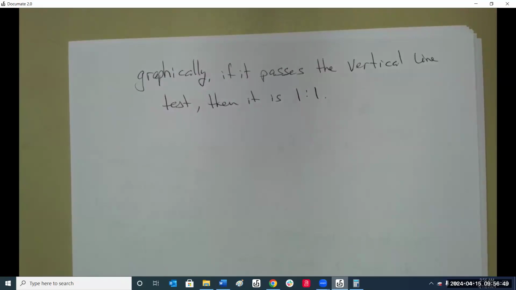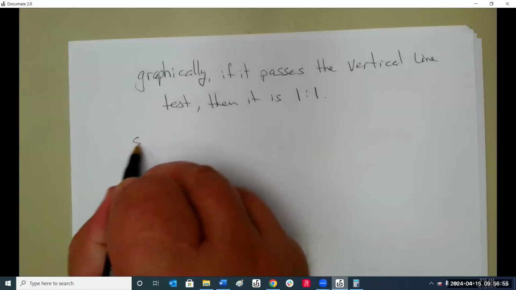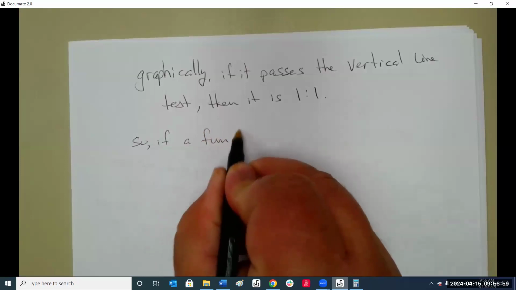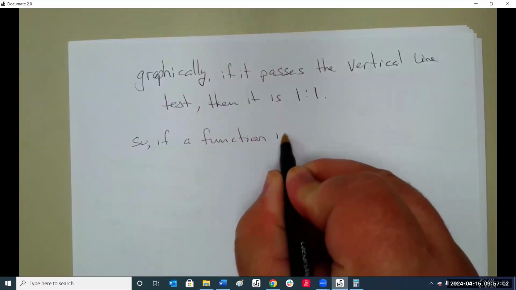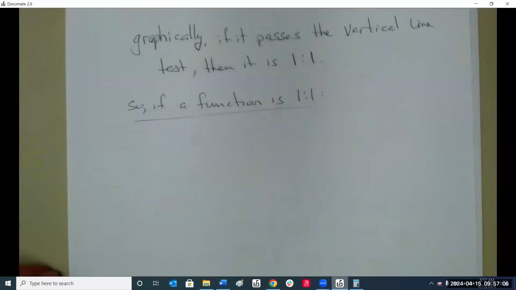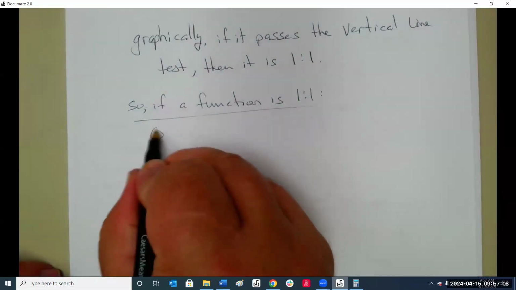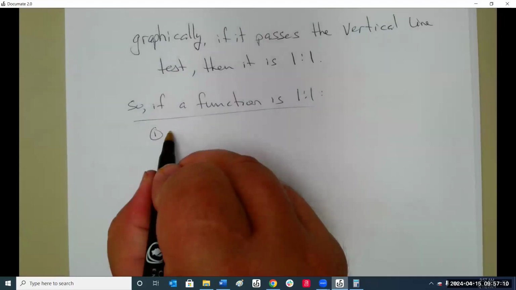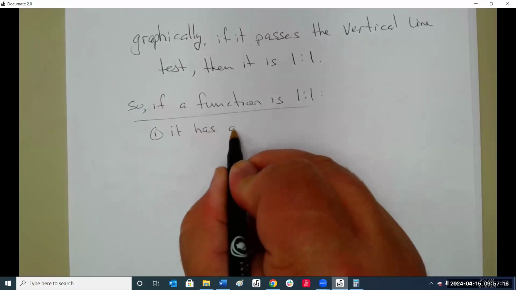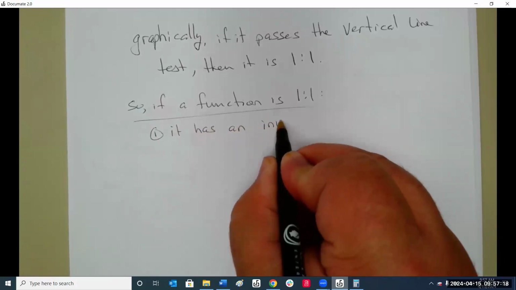So what does this mean? If a function is 1-to-1, what does that mean? If a function is 1-to-1, the first thing it tells us, it has an inverse.